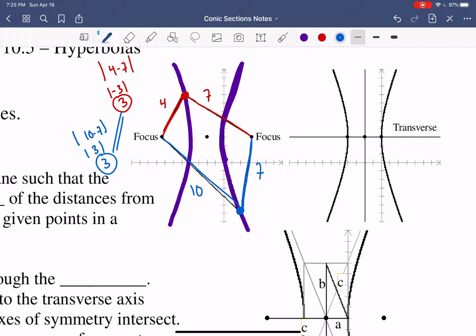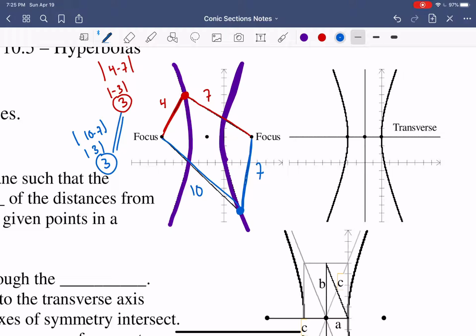I will post a video that I found online from somebody else that draws this with string and stuff, so you can kind of see what's happening. But that's the definition of a hyperbola, that we have all of the points that meet that criteria, that if we take the distance between the point and the two foci, subtract them and find the absolute value, it's just that arbitrary number 3 for everything, no matter where we are on the hyperbola.